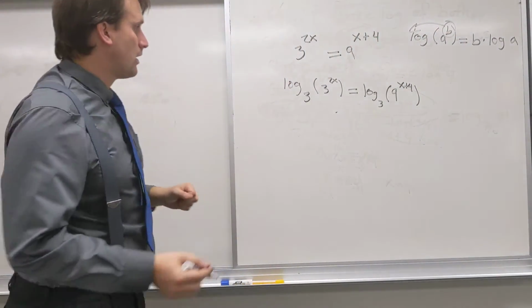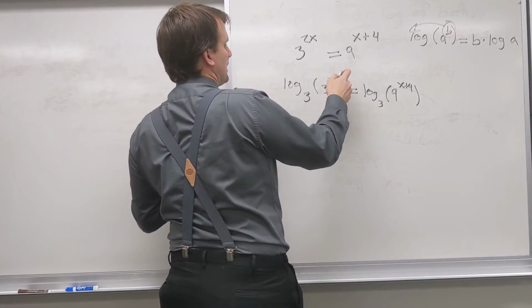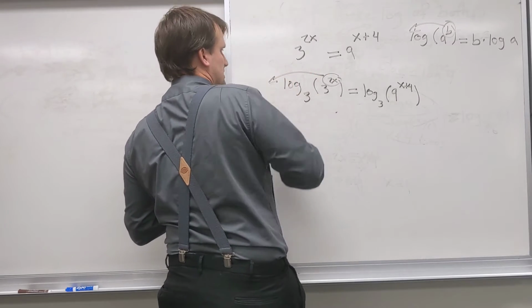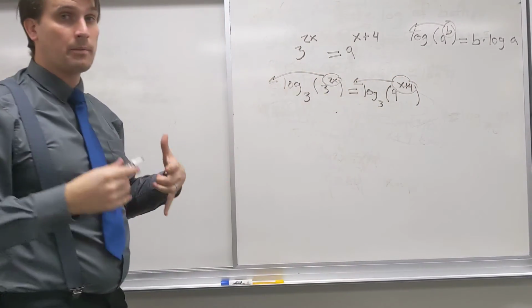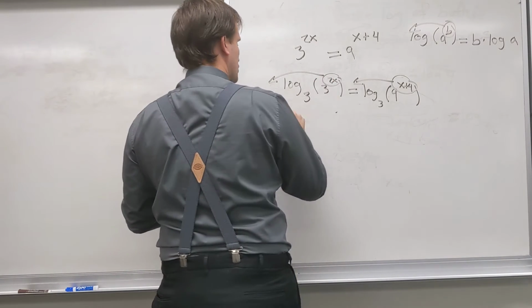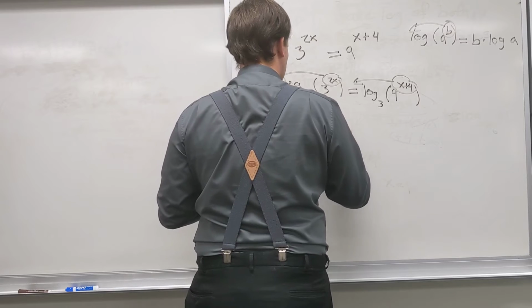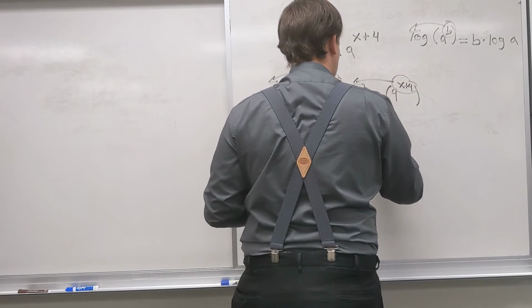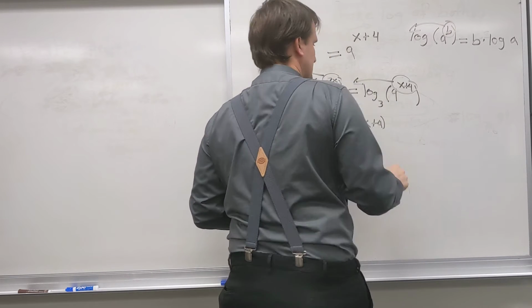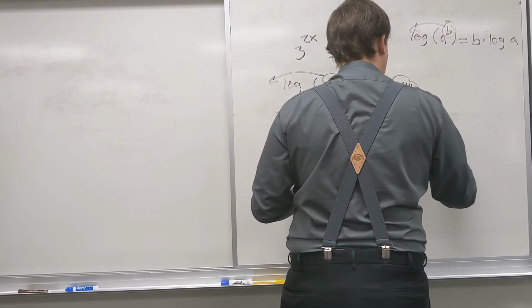Down here, if we apply the power rule, that lets us take this 2x out and take this x plus 4 out, and they become multipliers. So we get 2x times log base 3 of 3 is equal to x plus 4 times log base 3 of 9.